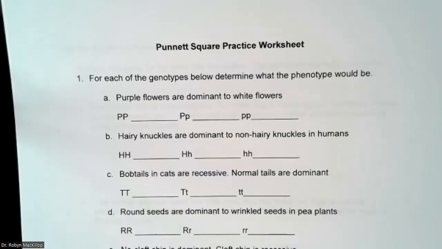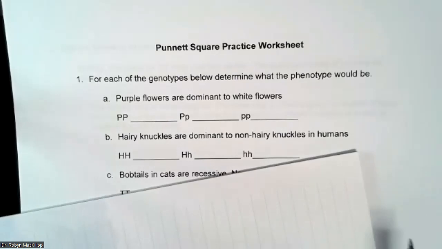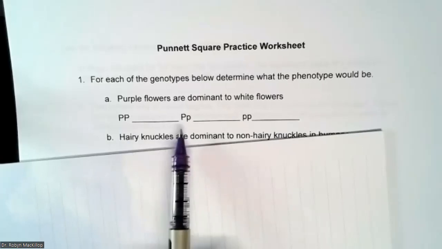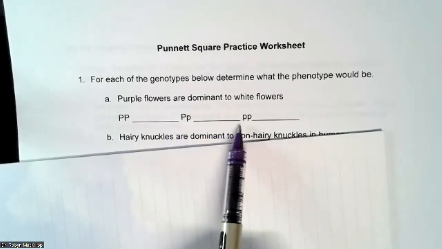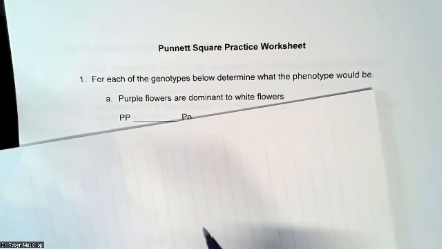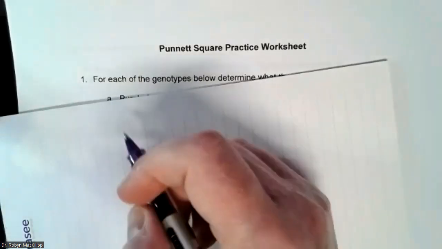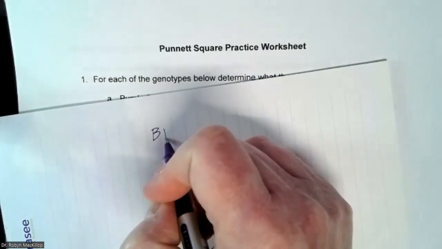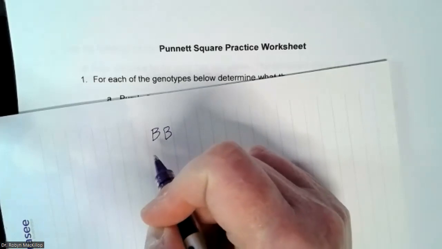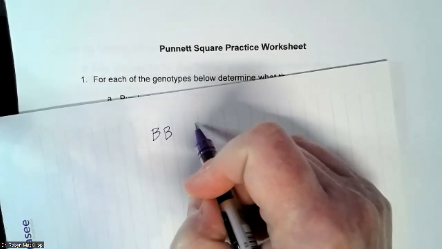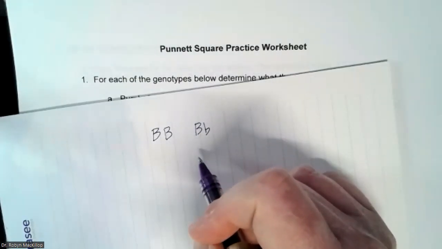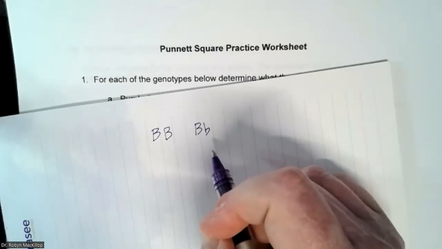The first thing that you need to know about Punnett squares is you have genotypes, which are the genes. Every one of us has a double set of letters for each trait. So let's say you've got brown eyes. That means your genotype is either big B, which is dominant brown, or big B, little b, which is still dominant brown, but you carry a blue-eyed gene.